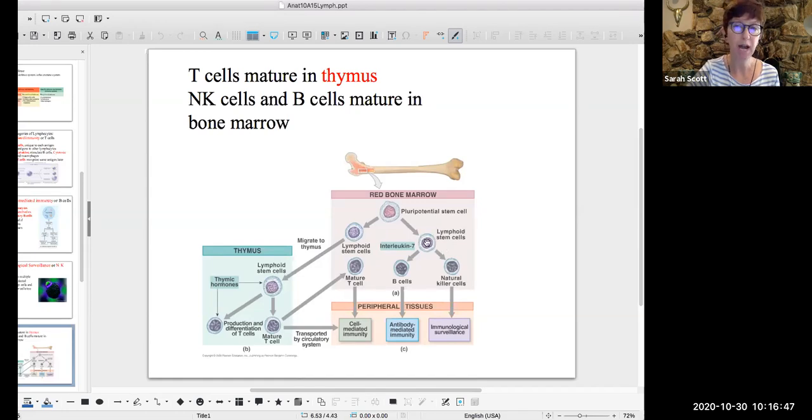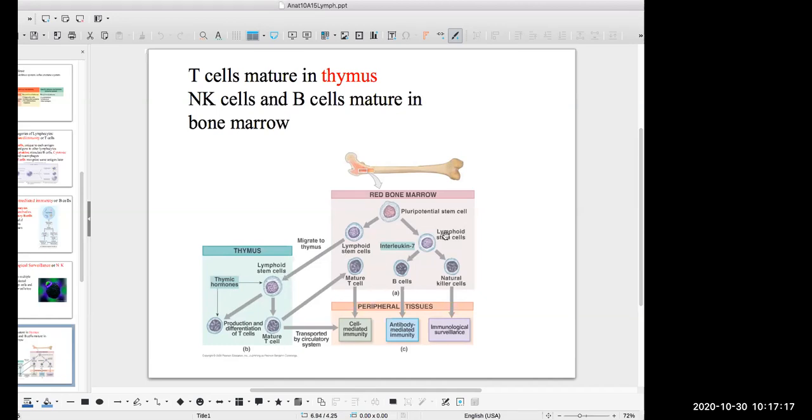The other one was the myeloid stem cell. And the myeloid stem cell we saw on the image about the blood, I believe, and that gives rise to all the remaining blood cells. But the lymphoid stem cells make the lymphocytes. Some of the products from these lymphoid stem cells are going to travel to the thymus. And this gland produces hormones. The hormones allow these to mature into T cells.